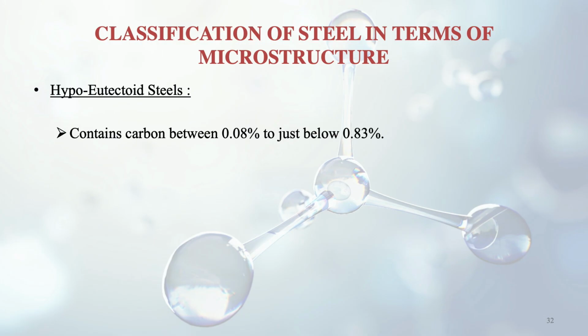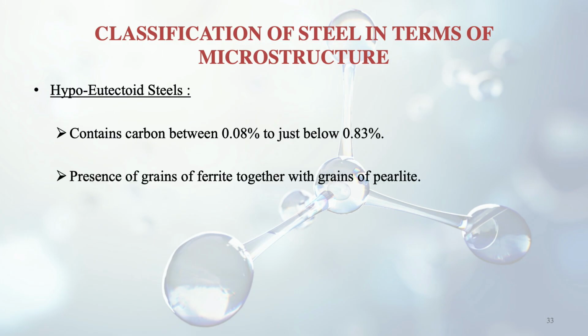Then after the eutectoid, there is hypoeutectoid. So this word itself gives us the meaning. What is hypo? Hypo means we are going towards the lower side of 0.8%. So this is about carbon between 0.08% to just below 0.83% in a steel. There are grains of ferrite together with grains of perlite.